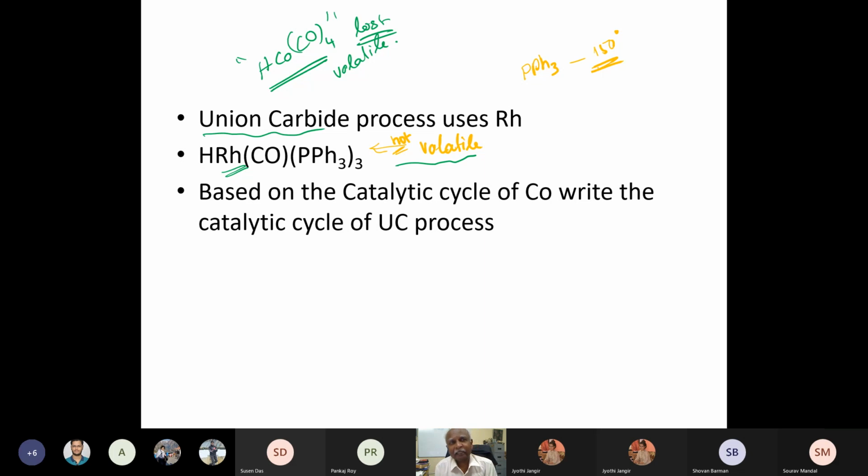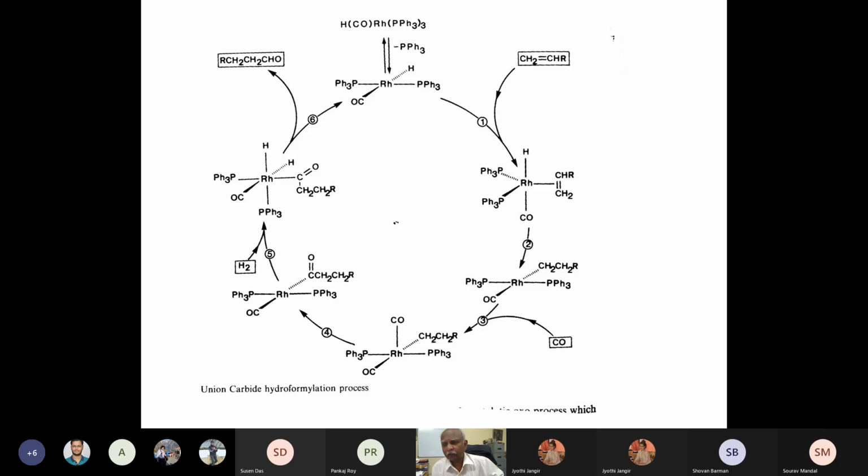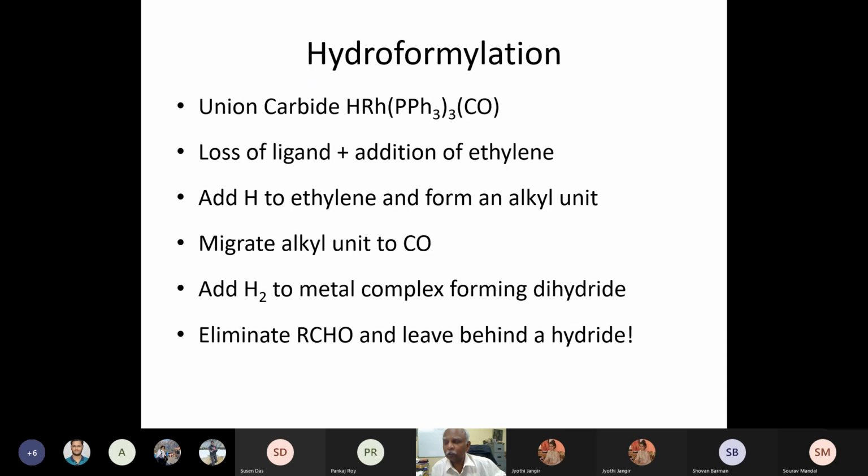I would leave it as an exercise for you to write the catalytic process. It is there in the book, but I would ask you to write it out for yourself. Try and do that as an exercise after class, so that you get an idea about how to write catalytic cycles. Of course, there are multiple options when you write catalytic cycles. That is true.